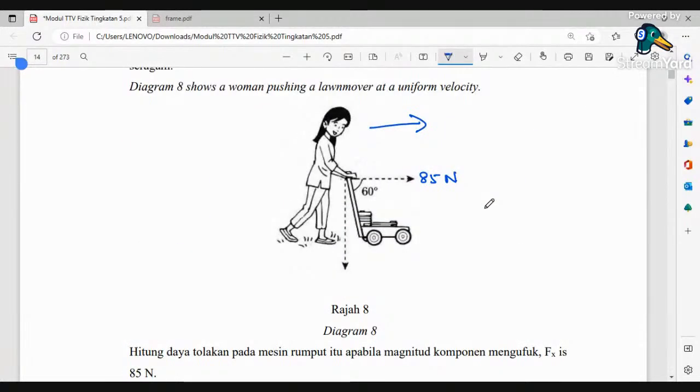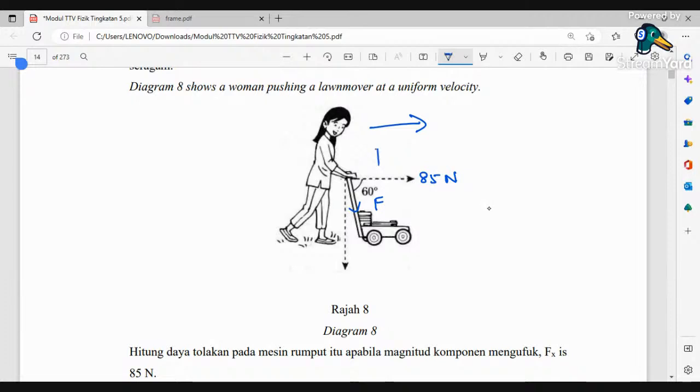Okay. What is the pushing force? Berapa dia tolak? Dia tolak tu macam tu. So ini ialah horizontal component 85.